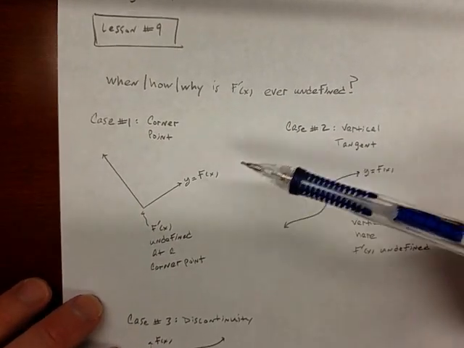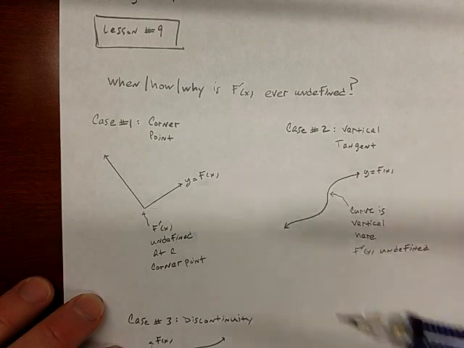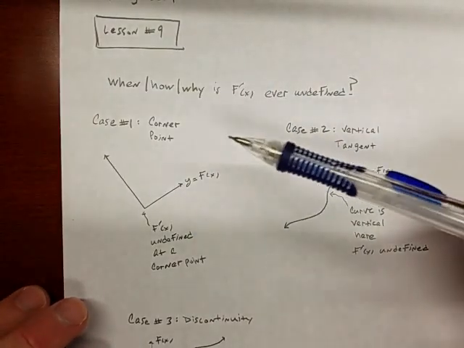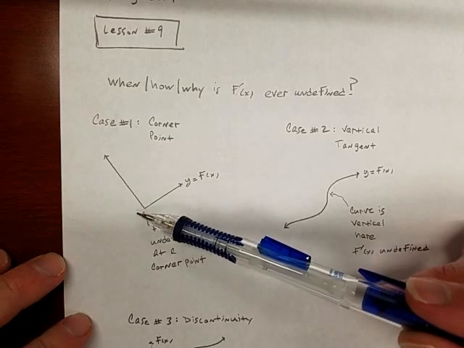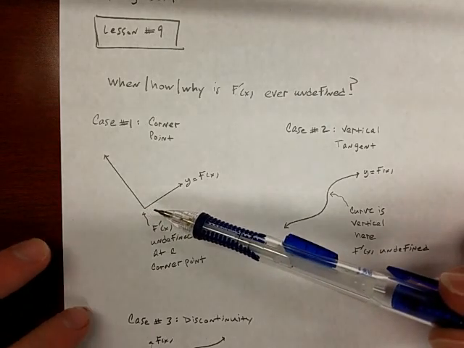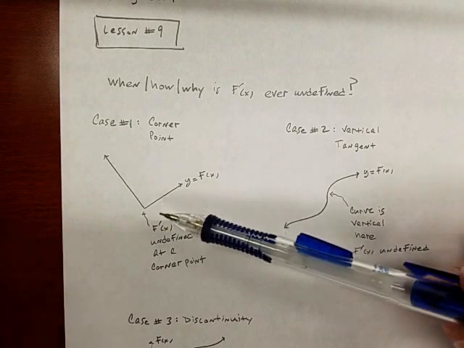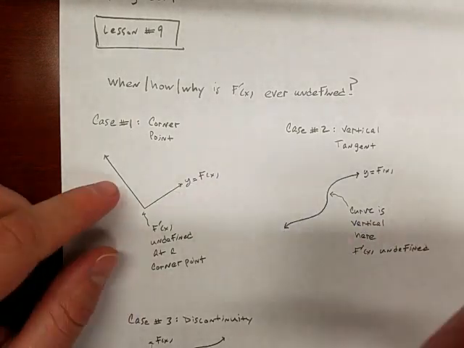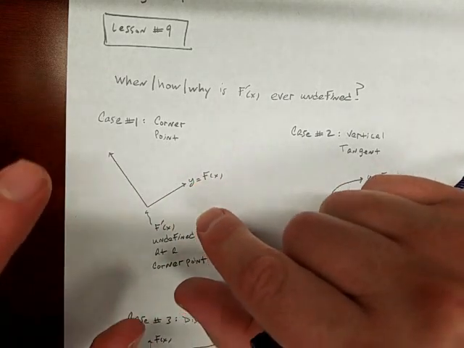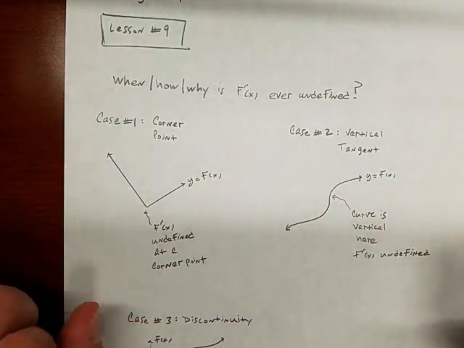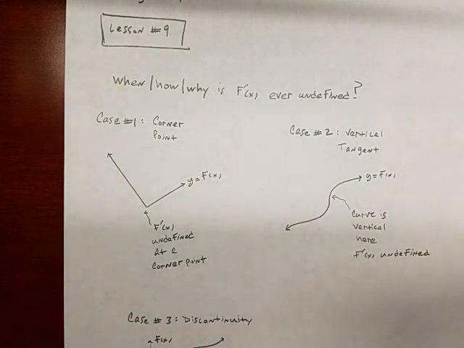The first one: if the curve had a corner point, and I'm not going to describe a corner point other than to say that that's a corner point. I would say it's undefined at a corner point because if that's truly a corner, it doesn't matter how close you look. You just see more of the corner. Analogy: we first started this in Lesson 8.